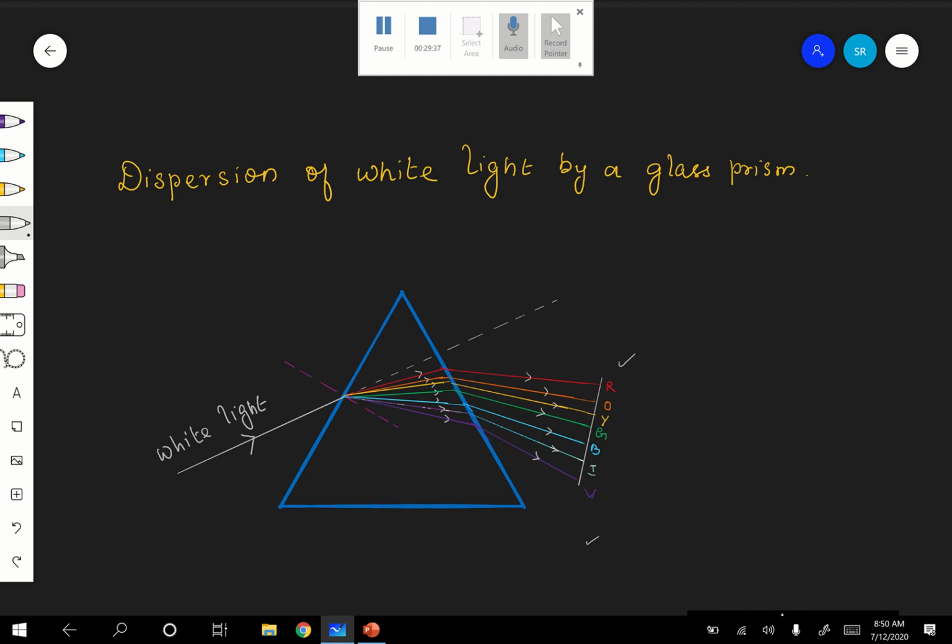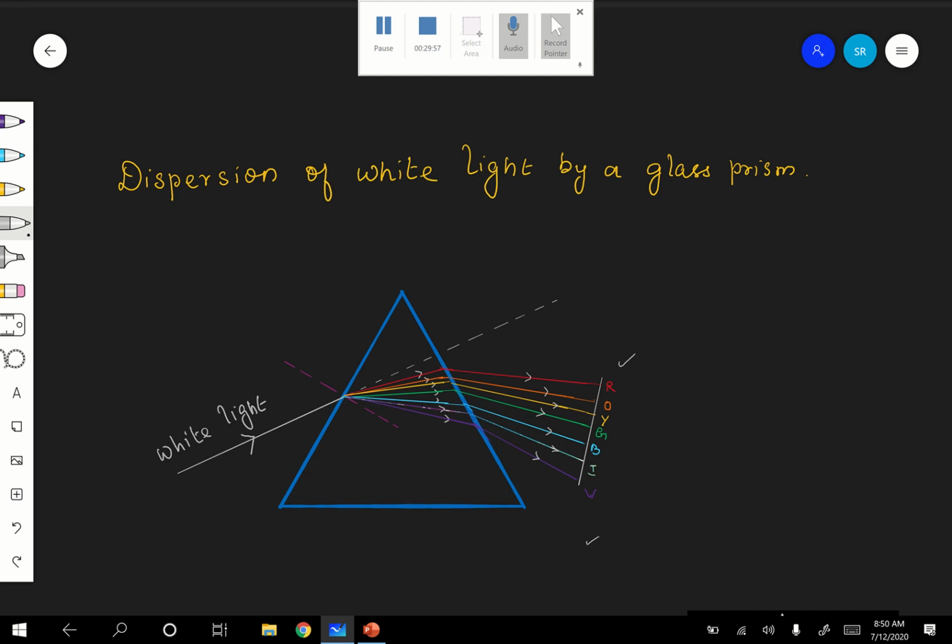Are you following? Is it clear? Therefore, what is dispersion of light? It is the phenomenon of splitting off a beam of white light into its constituent colors on passing through a prism.